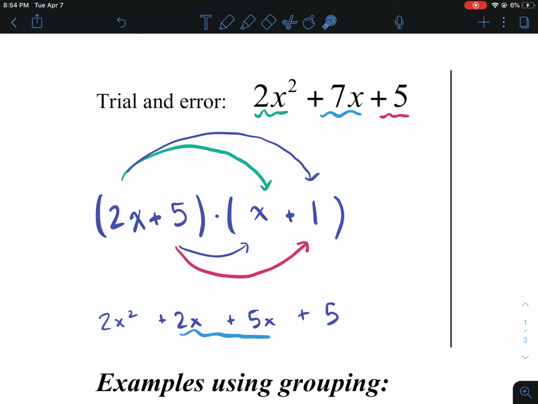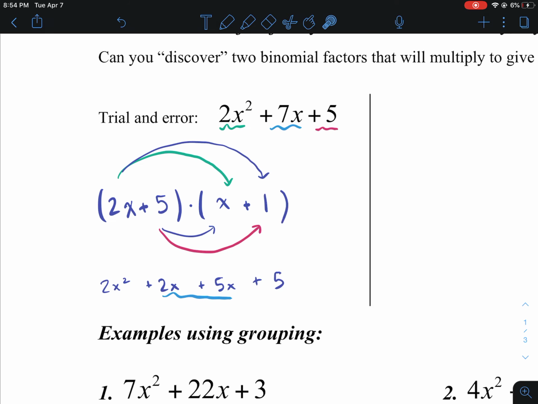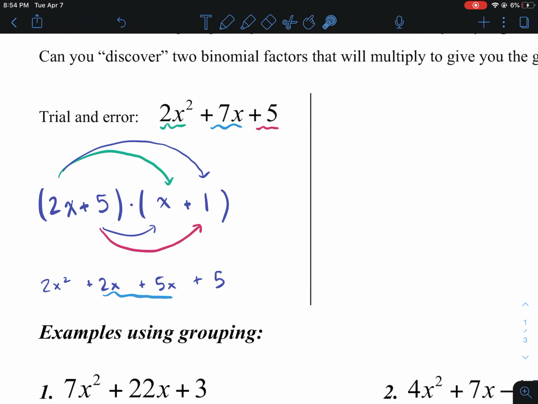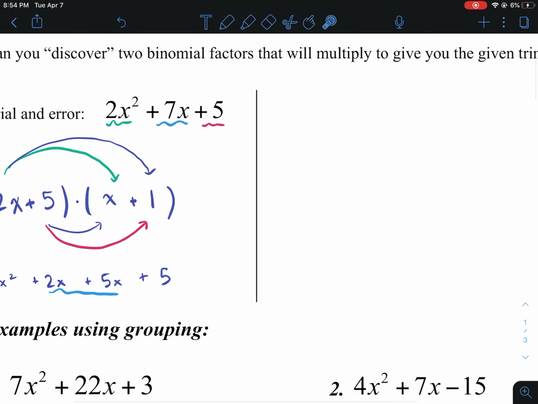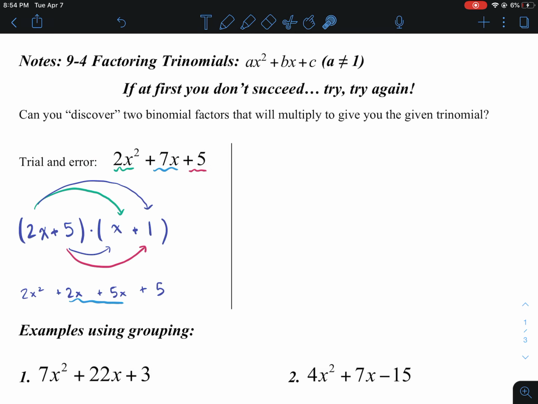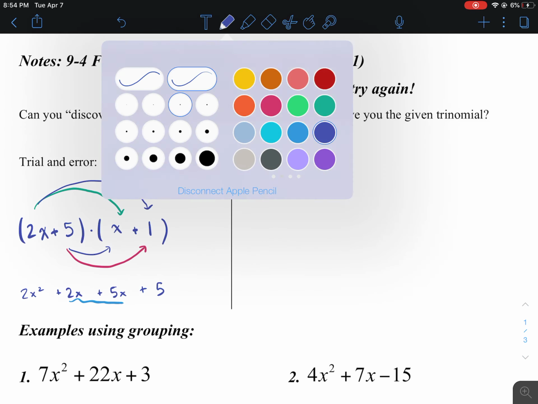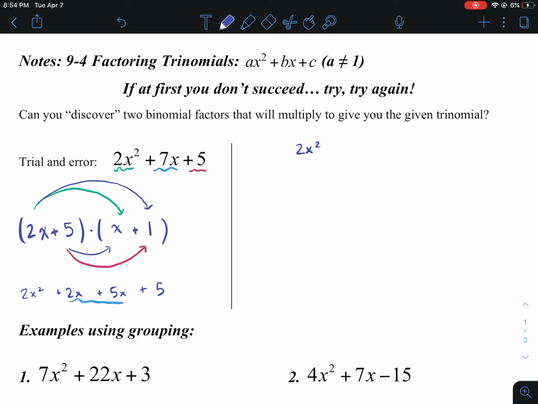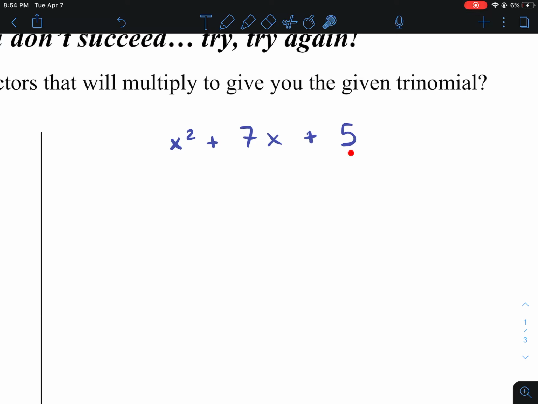So let's talk about how we can guarantee that we get the right setup. Let's re-look at this example. I'm going to rewrite it right here: 2x squared plus 7x plus 5. Before, when we had a polynomial like this, we would do the product and sum game.